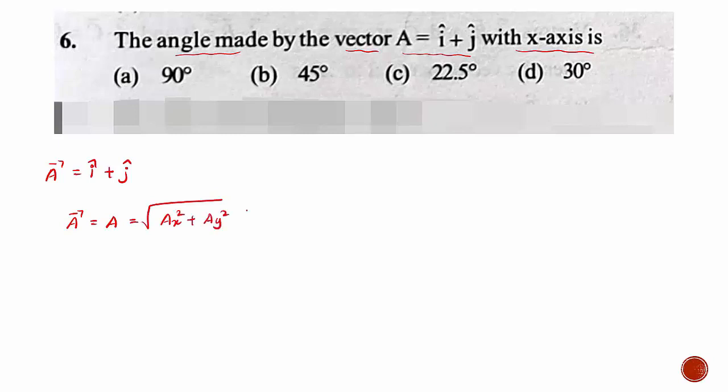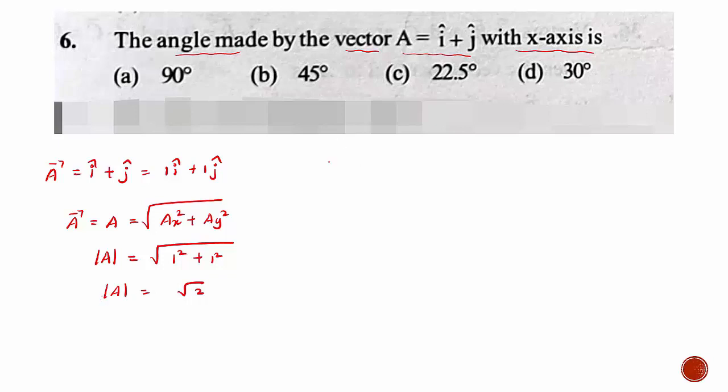Mod A gives the magnitude. Here it is given 1 i cap plus 1 j cap, so the magnitude is root of 1 square plus 1 square, that will be root 2. This gives the magnitude of A.